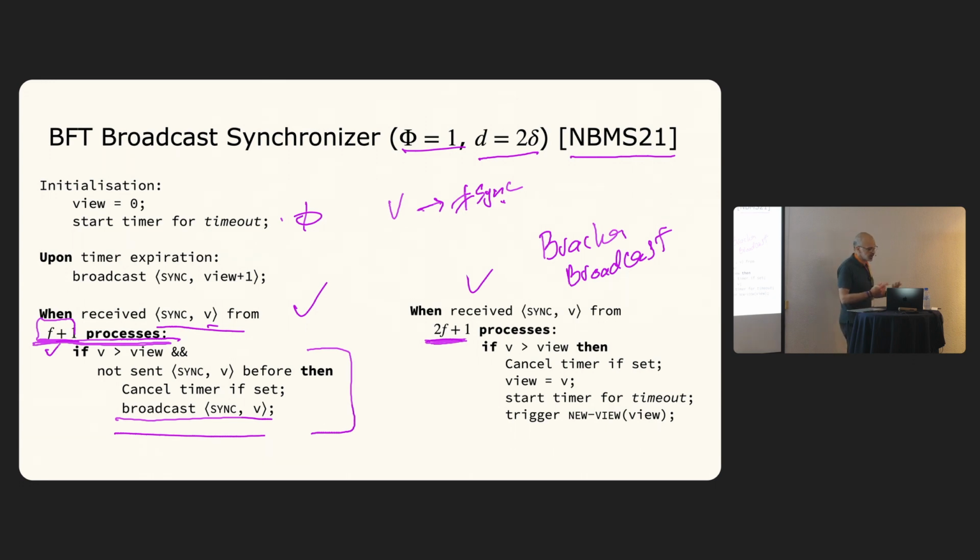I also need to remember that I should not update the counter twice for the same process. So I need to do this counting in the background. Once some view maps to the value f+1, then this condition becomes true, and this code is going to be executed.